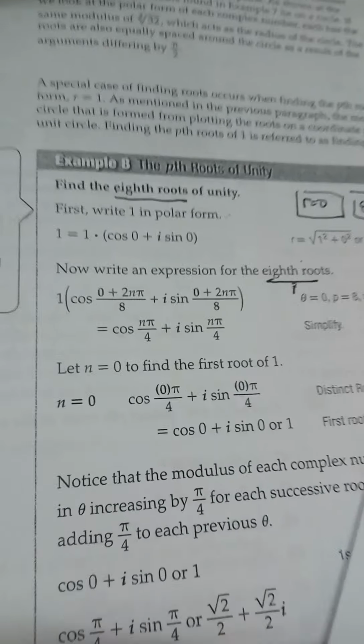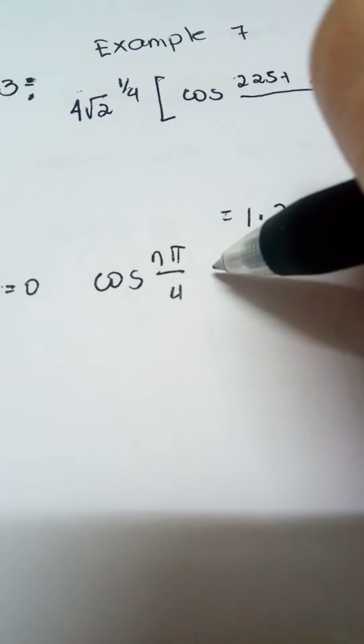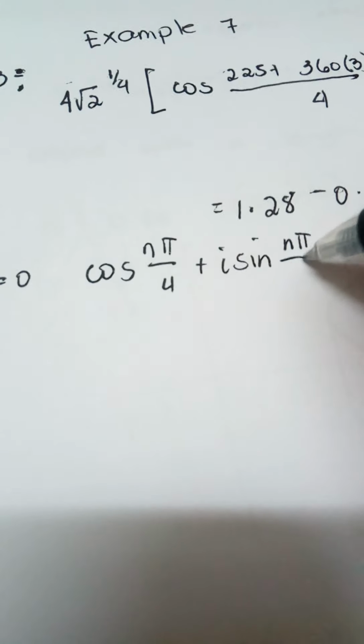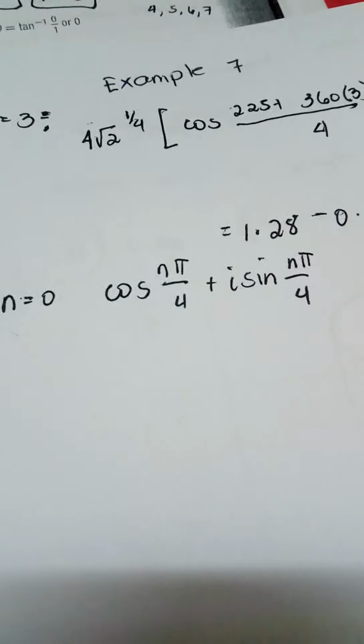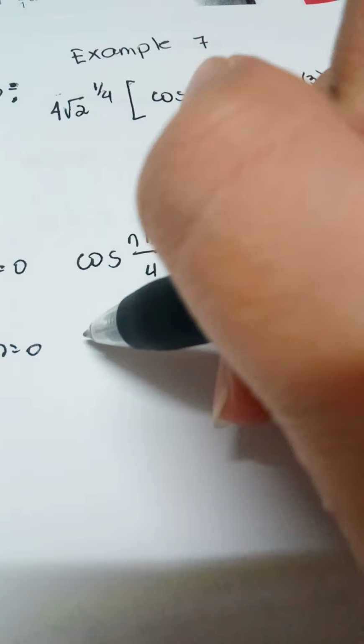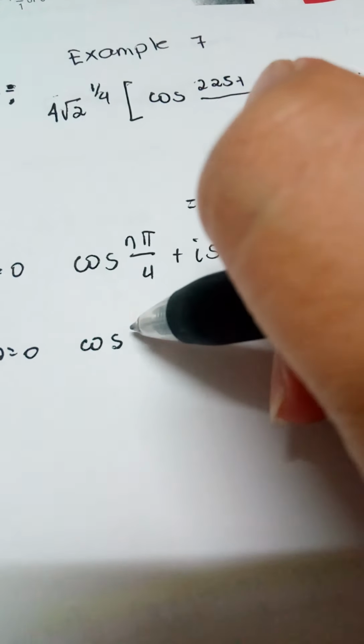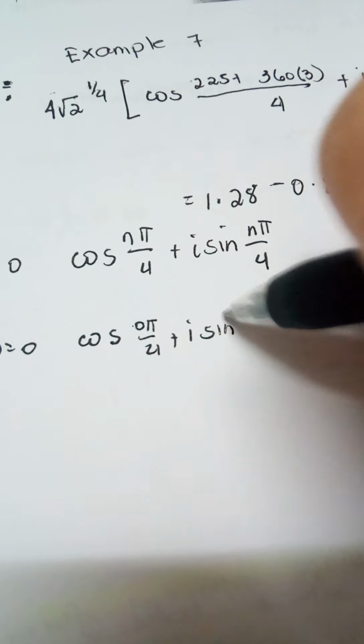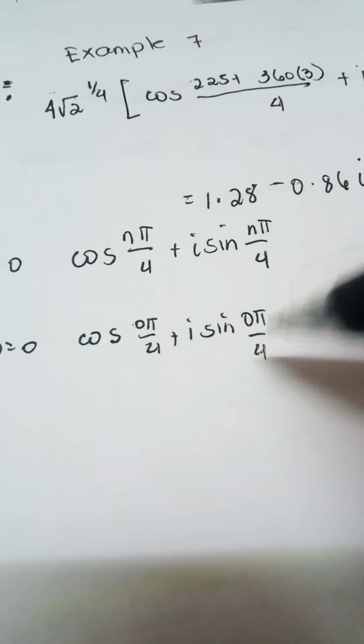So let us find when n is equal to 0. What is the formula again? Cosine n pi over 4 plus i sine n pi over 4. If you want, in terms of degrees, your choice. So when n is equal to 0, cosine 0 pi over 4 plus i sine 0 pi over 4.